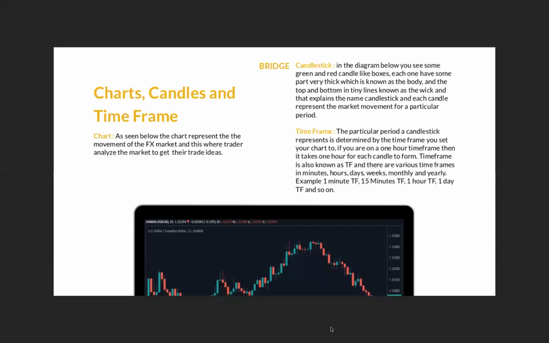So there are so many components in this image you are looking at. This screen as a whole, that is your charts. Then this green and red small boxes are candlesticks. Then we have the time frame. So let me break it down one by one.